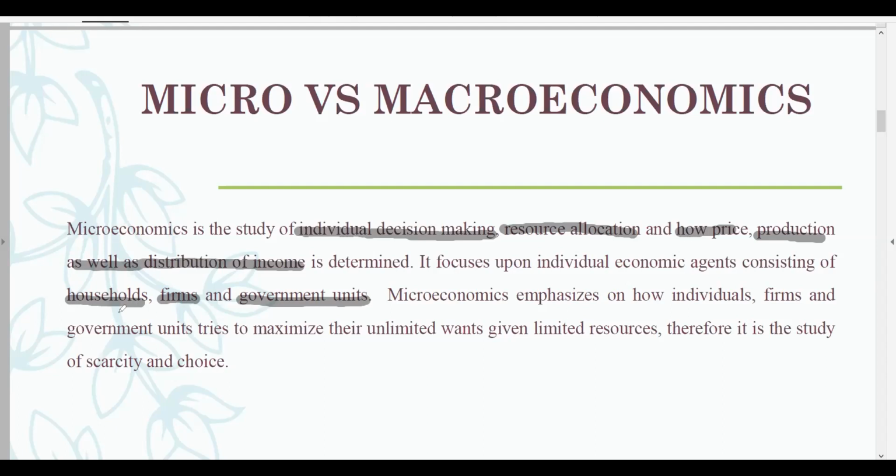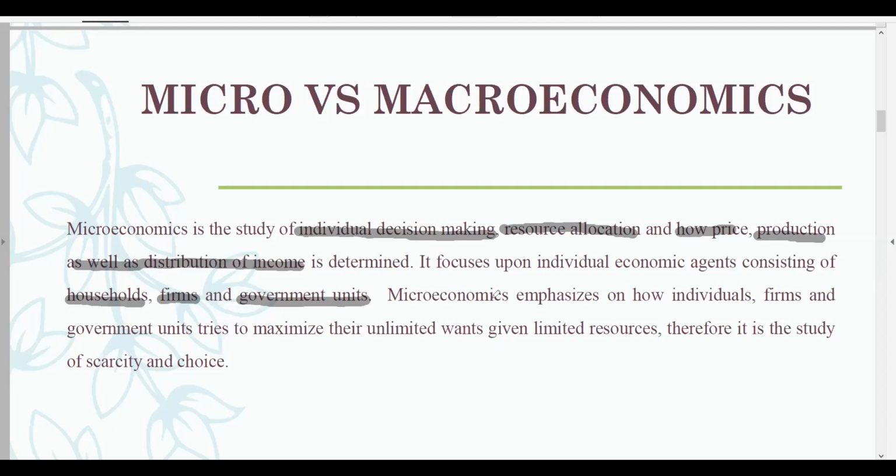Firms also, in a similar sense, make decisions as to what products to produce, how to produce them, who is going to buy them, etc. Together with government units, they can also make decisions at an individual level.